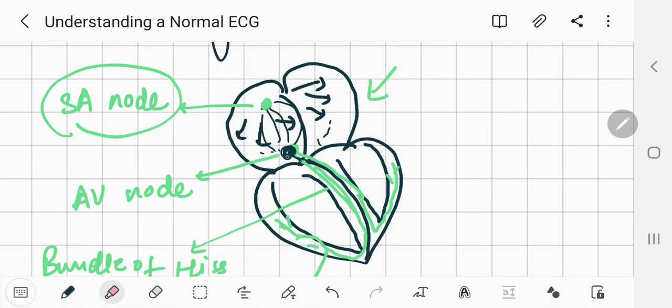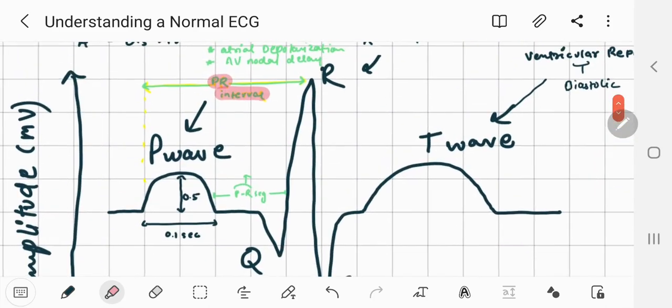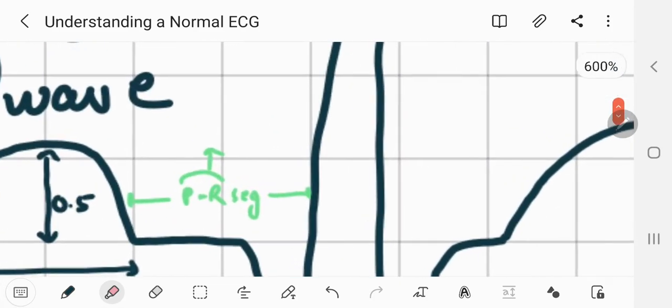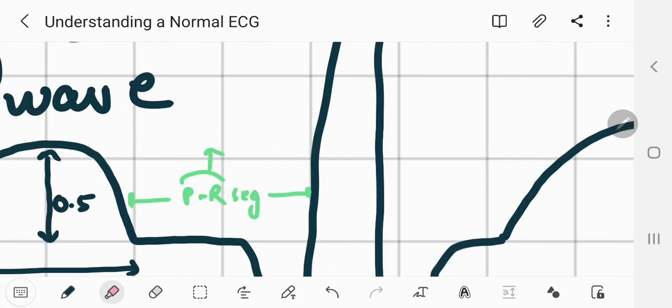Now, the time taken for the AV node to send the impulses from its original place to the ventricles is denoted by the PR segment. So this is the AV nodal delay.